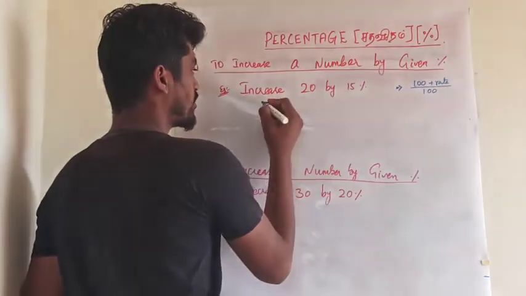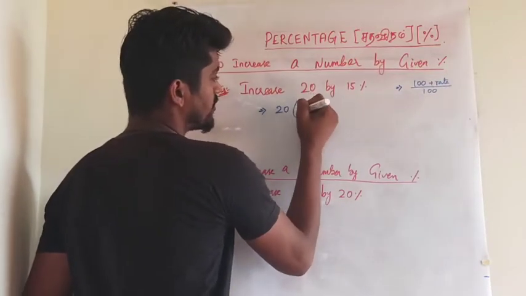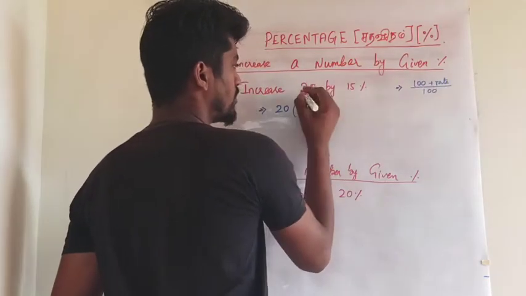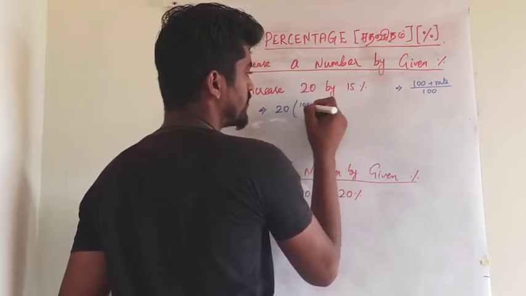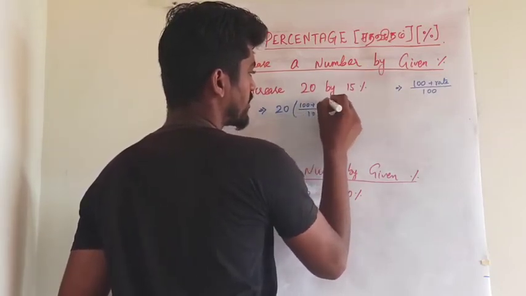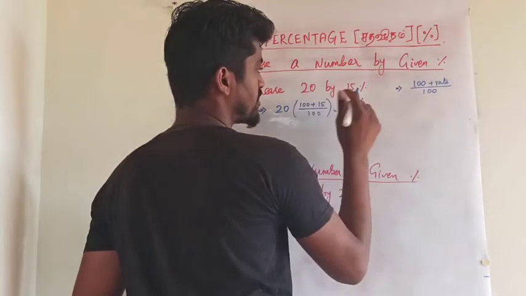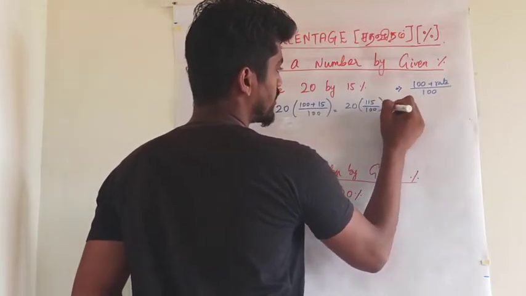So we write the value of 20 increased by 15%. Multiply with 100 plus 15, 115, divided by 100.